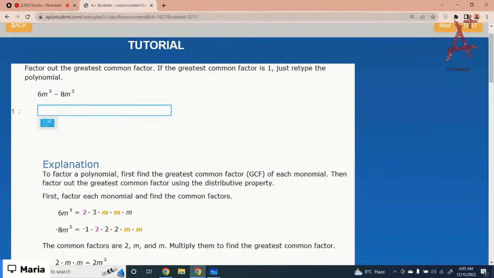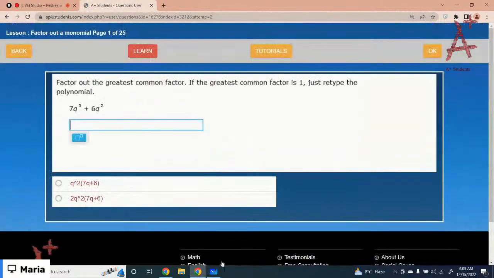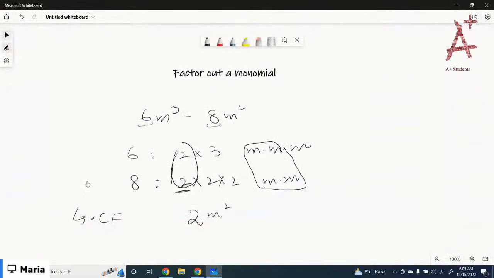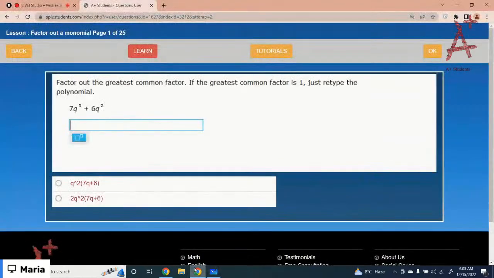Let's just start with the test questions. Factor out the greatest common factor. If the greatest common factor is 1, just retype the monomial. Got it? So you have 7q cube plus 6q square.